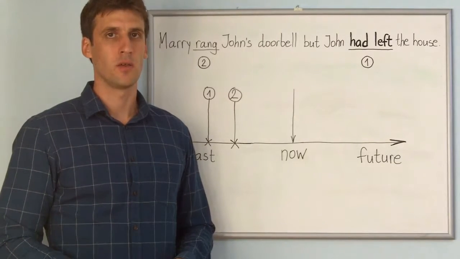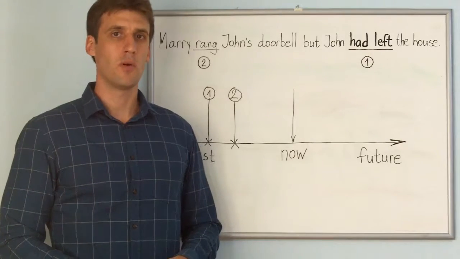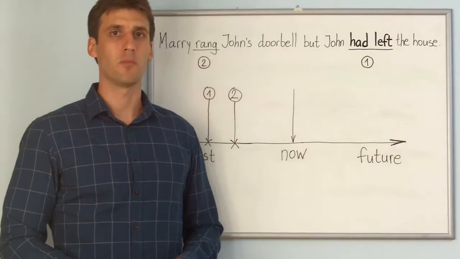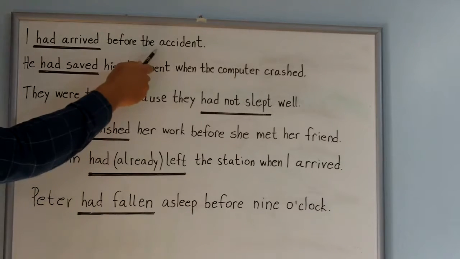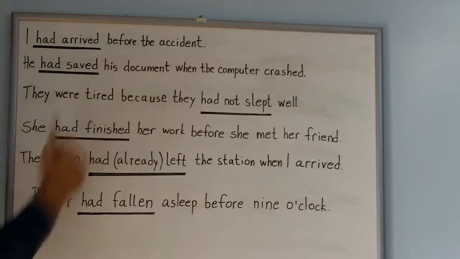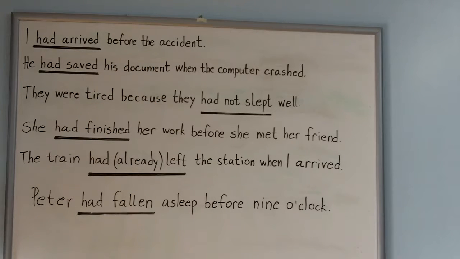in the past. Let's have a look at some more examples of the past perfect simple. I had arrived before the accident. In this sentence, the action had arrived happened before the event, the accident. Remember that we can use the past perfect simple to show that one action happened before another action, event, or even a moment in the past.